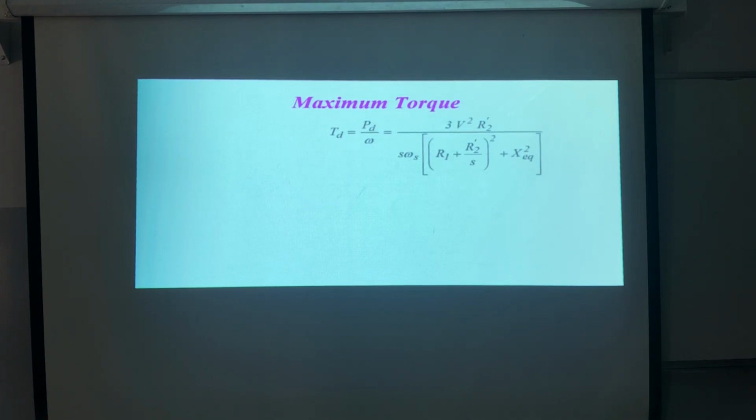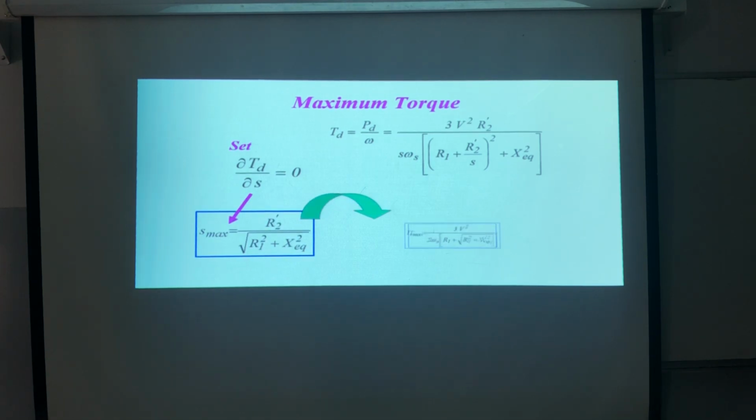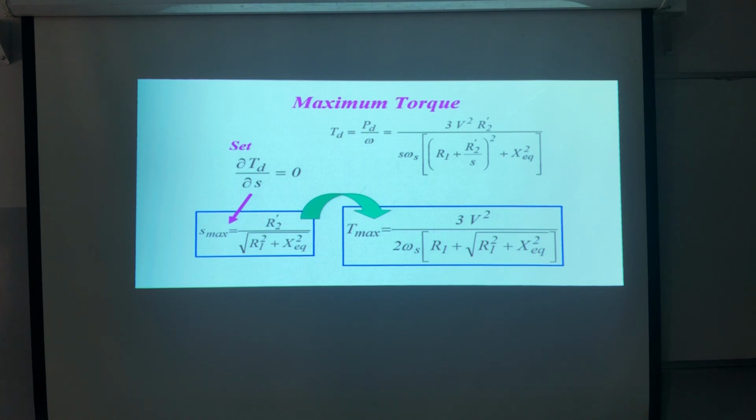So this is the torque. The first thing I will differentiate with respect to S in order to calculate the S max. After that, I will substitute it in the torque to get T max. Now, one comment. S max depends on R2, which is the rotor resistance. T max does not depend on R2.